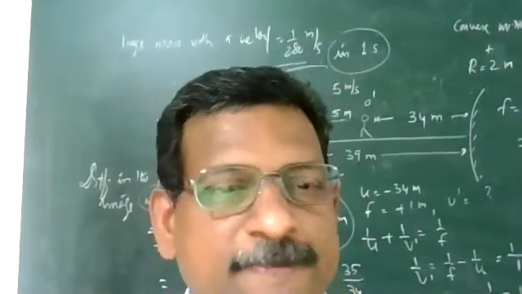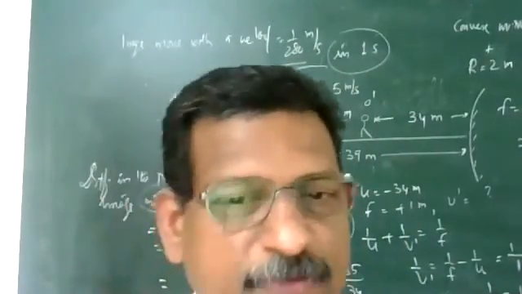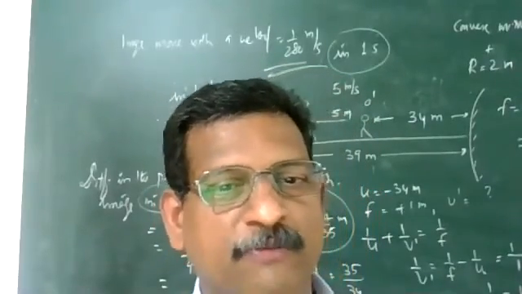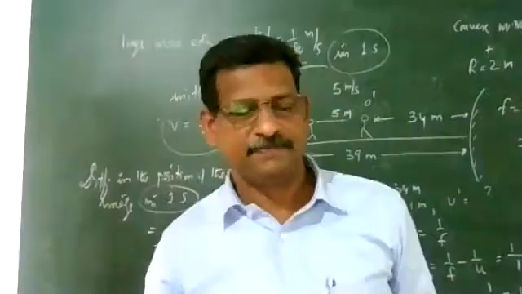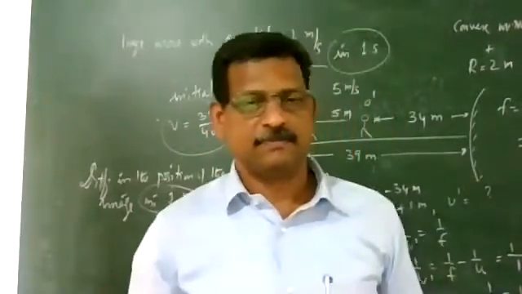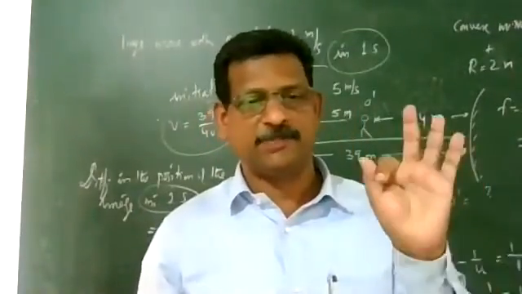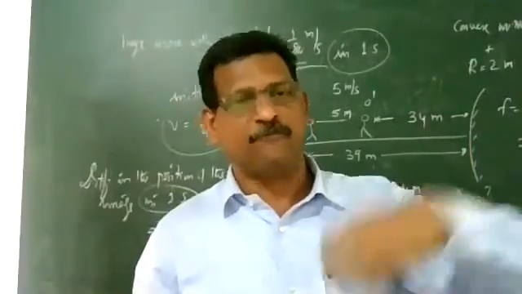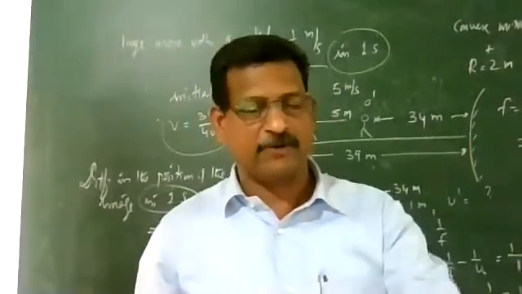So the next topic is refraction of light. When light travels from one medium to the other medium, three processes take place. First, some part of the light is reflected in the same medium, which we have already completed.